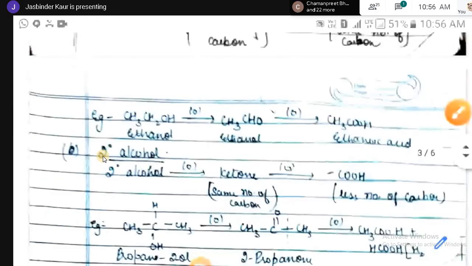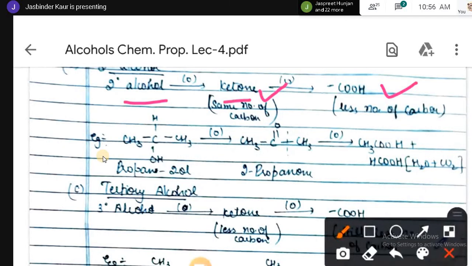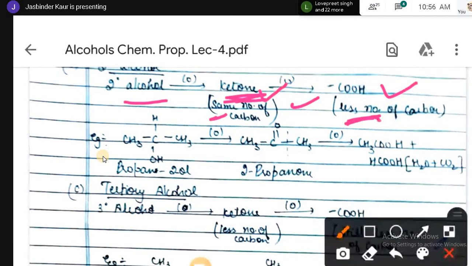But in secondary alcohols, first a ketone is formed and then a carboxylic acid. The ketone formed will have the same number of carbon atoms, but the carboxylic acid formed will have less number of carbon atoms. So, taking an example, CH3CHOHCH3 is a secondary alcohol.